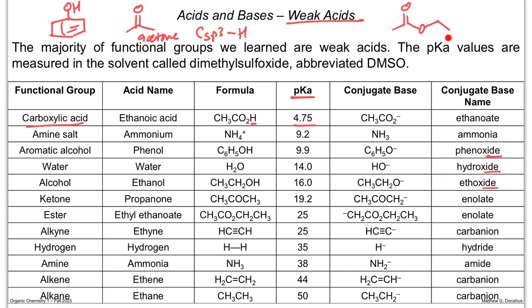When you look at this molecule, how many unique sets of hydrogen do you see? Three? So we have 3 unique sets. So 4 carbons, 3 unique sets of hydrogen, and that ratio is 3 to 3 to 2.